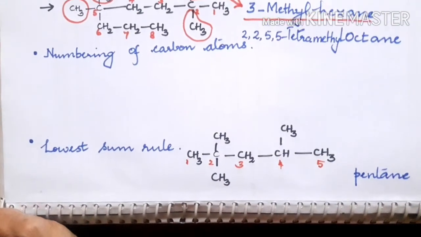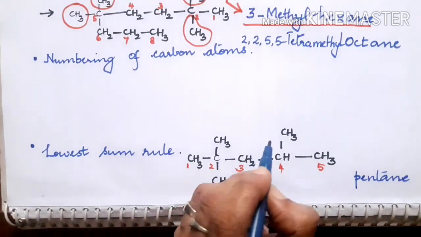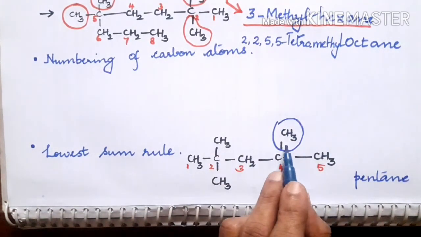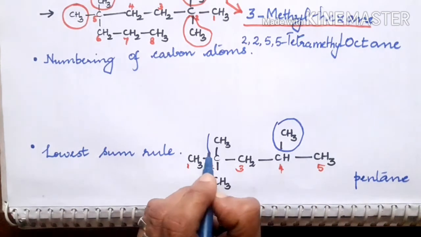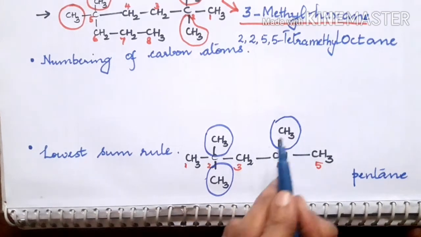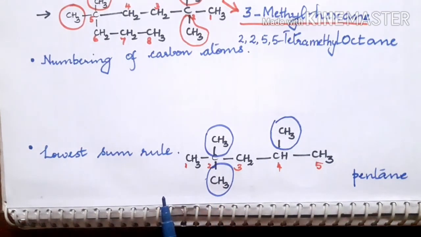Is it completely pentane? No. Here we have the substituents. Which are the substituents? At the fourth position we have CH3. Second position you have CH3 and CH3. So how many CH3 groups are there? 3 CH3 groups. So the prefix given should be tri.